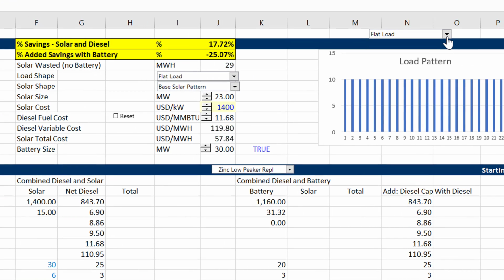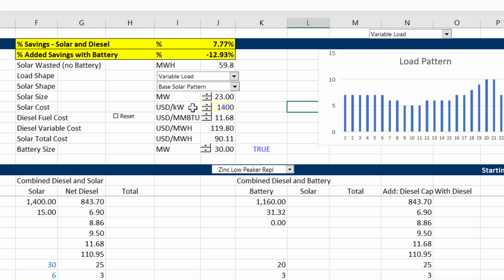Perhaps let's start with this one called variable load, which isn't anything in particular. Now, if we put in this scenario, here we've got a peak load of 10, which isn't really the same as the solar, but let's put a solar size of 10 megawatts in.